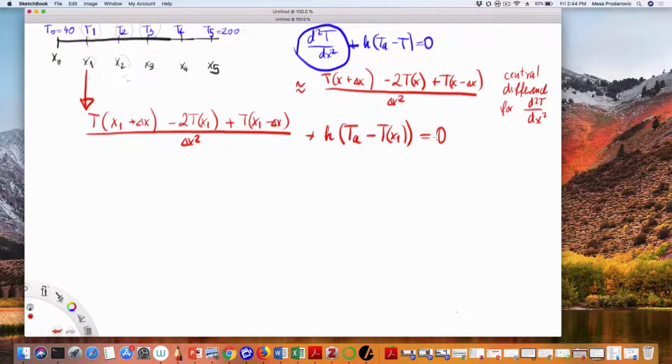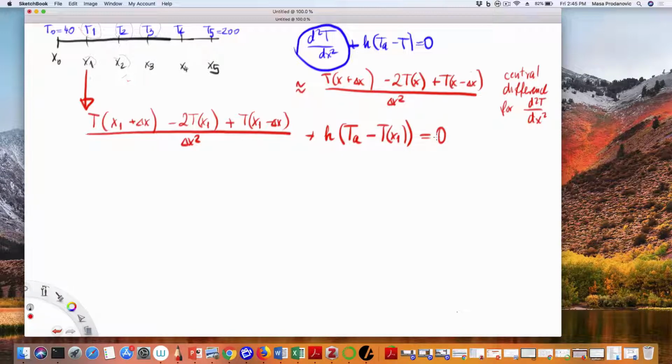So instead of d squared t dx squared, I'm applying a discretized formula. That discretized formula grabs values around me, delta x ahead and delta x behind, and my value, and gives me an approximation of the second order derivative, right? So if I apply that formula, and it's valid for any x and any delta x, now I'm specializing it for that location x1.